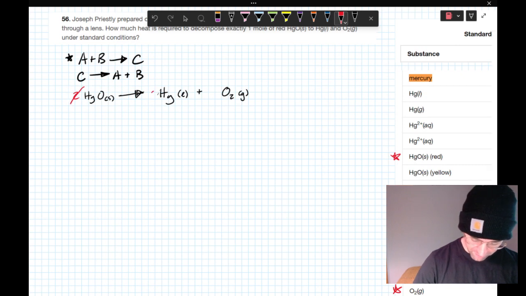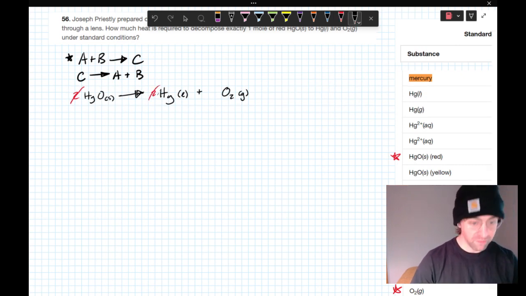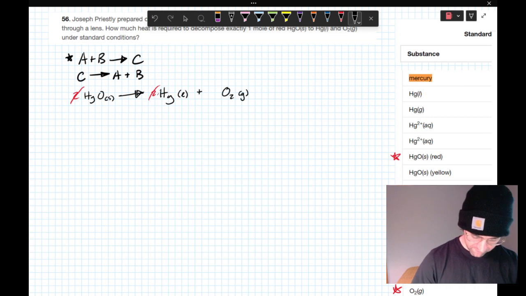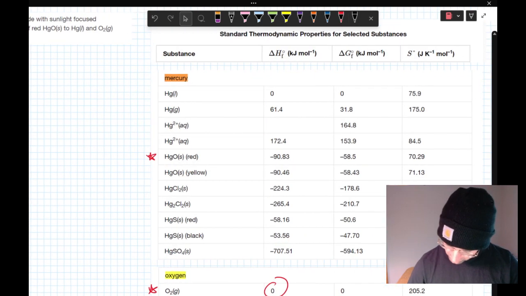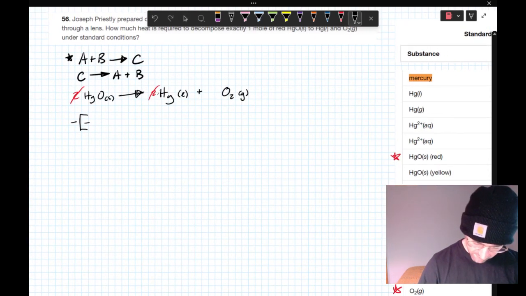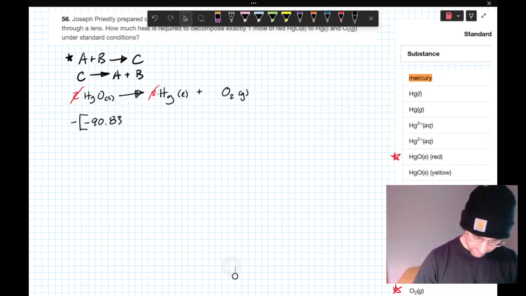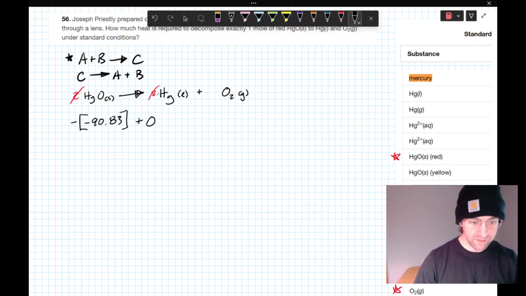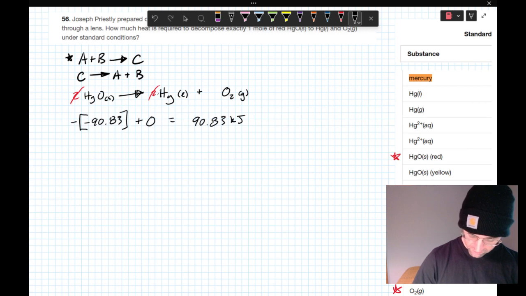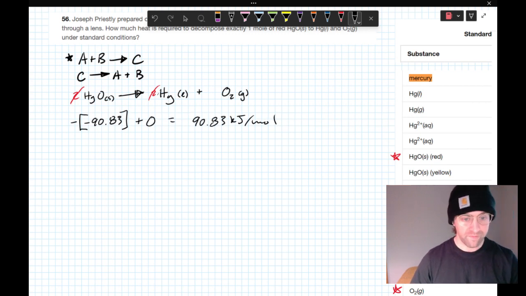I'm going to leave those written up, but cross them out since we don't need to worry about it. We're going for the inverse because we're decomposing it. And our value was negative 90.83, plus 0, equals 90.83 kilojoules per mole.